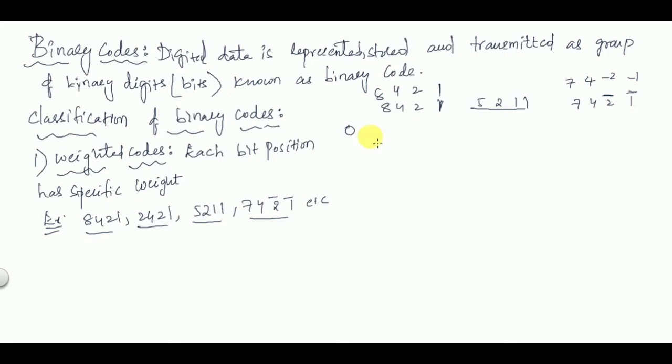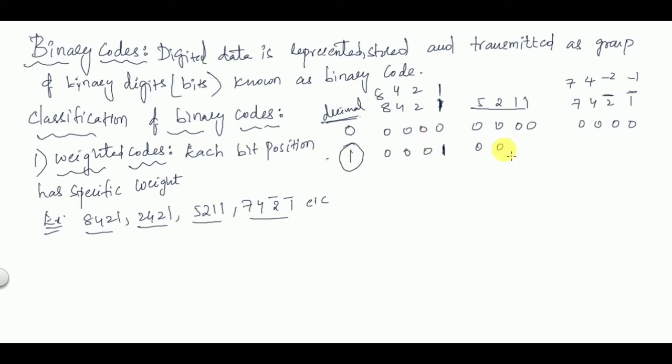Suppose you want to represent 0. Zero is represented with 0 0 0 0 in all the codes. To represent 1, it is 0 0 0 1. The 1 multiplied by the corresponding weight gives you the corresponding decimal number, so 1 into 1 is 1.